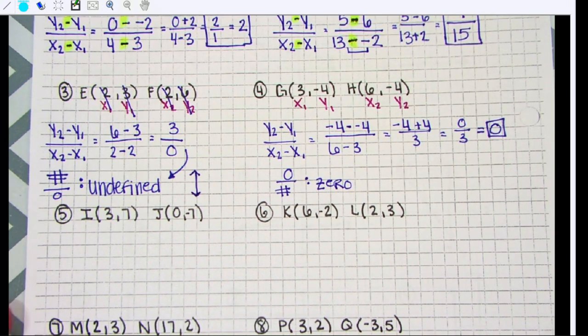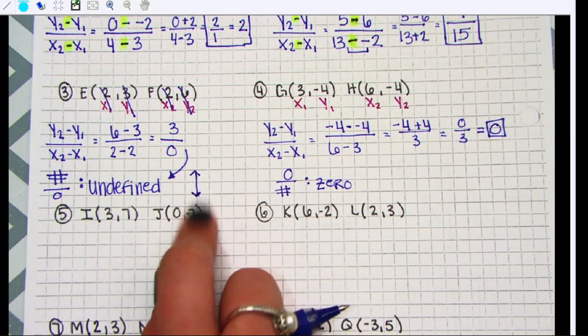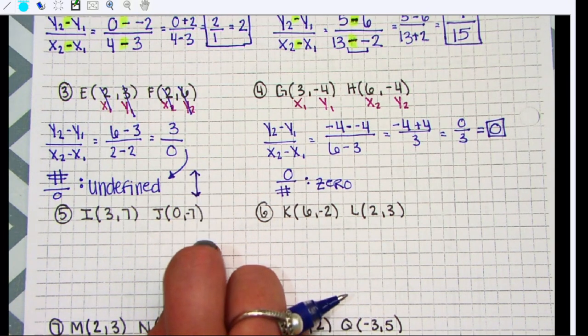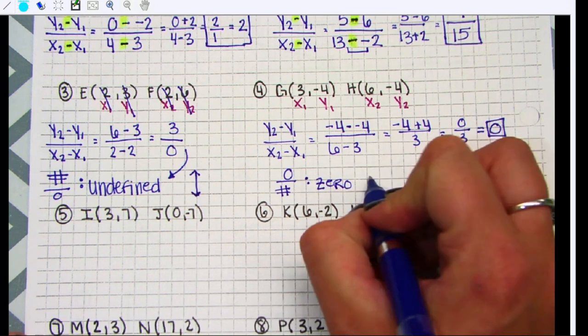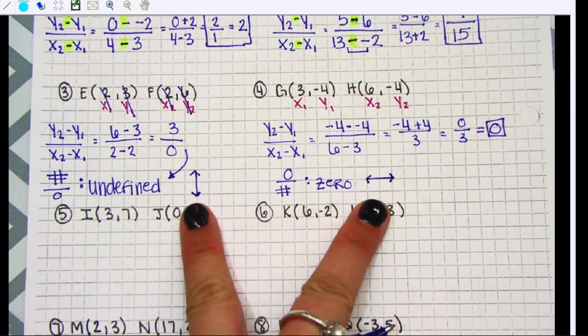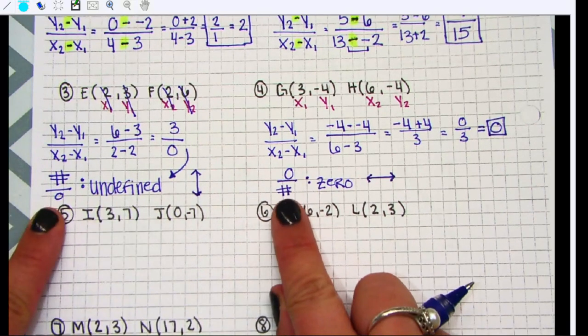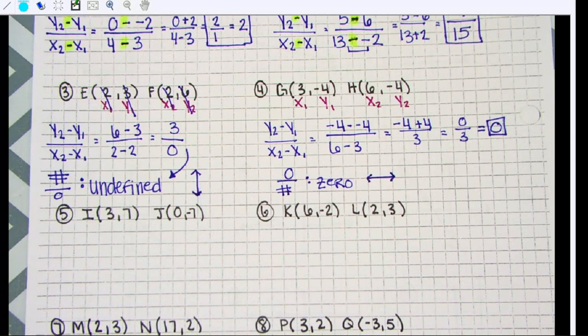So when I'm graphing this line, which we'll talk about on page 14, the line will go vertical, up and down. 0 will go left to right. So these are the way that the lines look. Okay? And this is what the fractions will look like. Anytime you have 0 over any number, it's always 0. And then a number over 0 is undefined.